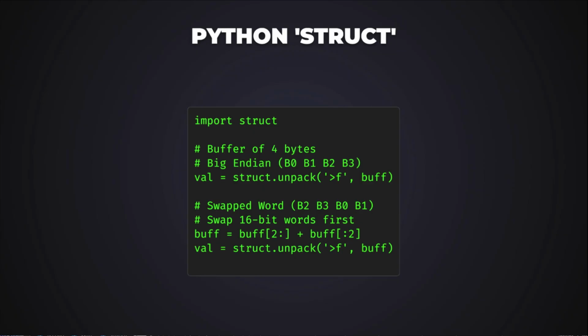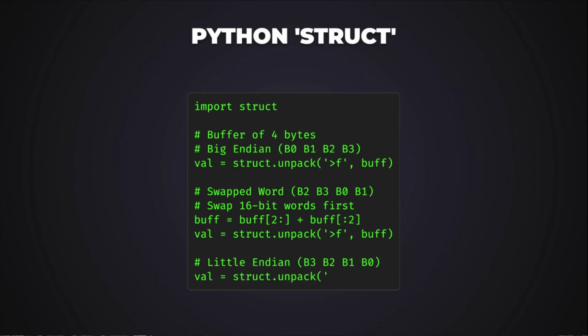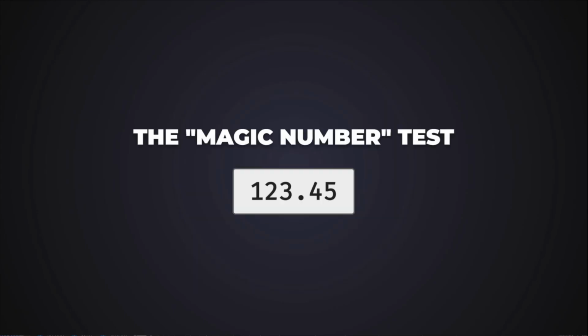For the swapped word Little Endian, B3, B2, B1, B0, reversing the buffer and then using the less than symbol followed by f, "<f", might work depending on the initial buffer construction. The key is pre-processing the raw 4 bytes into the standard Big Endian sequence B0, B1, B2, B3, then using ">f", or into the standard Little Endian sequence B3, B2, B1, B0, then using "<f".